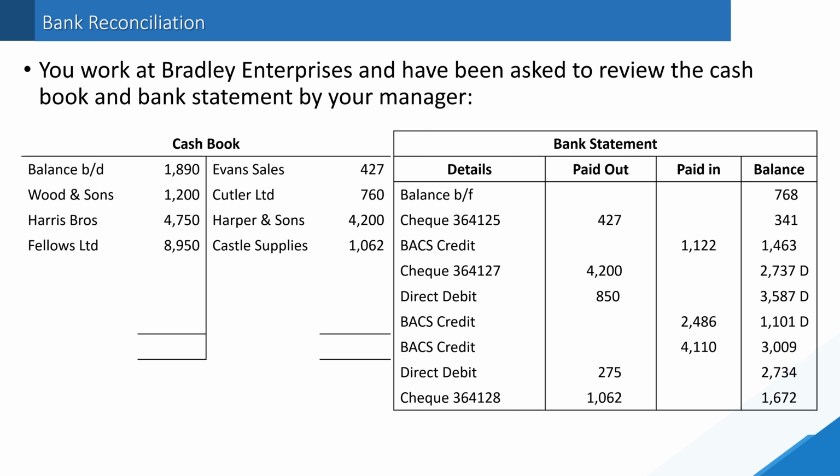Now we can clearly see that the opening balance in the cash book is very different to the opening balance in the bank statement. So we cannot proceed until we find the difference. Now if we take one away from the other, we are led to believe that the difference is 1,122, which conveniently is very close to the top of our bank statement, and we can see that in our paid in column.